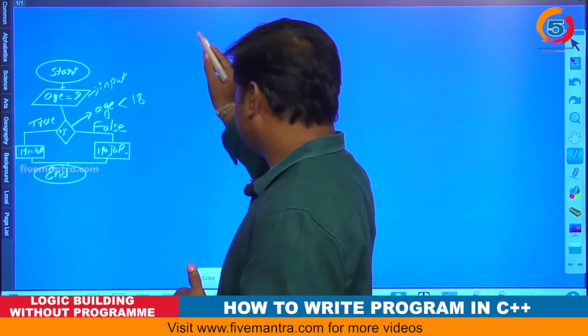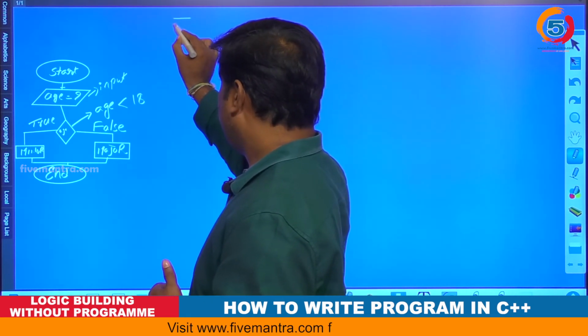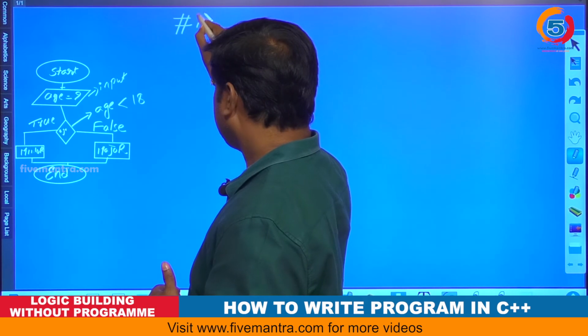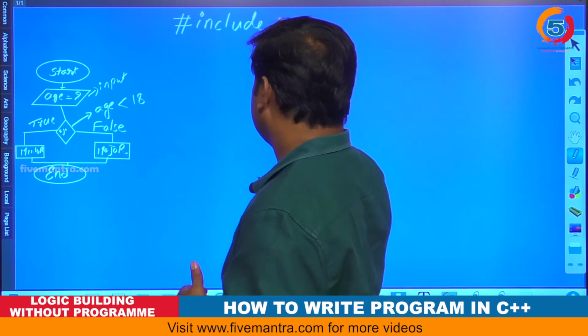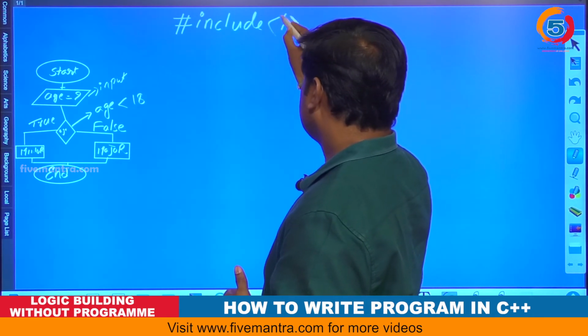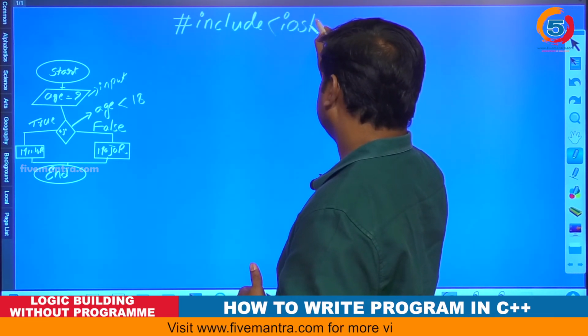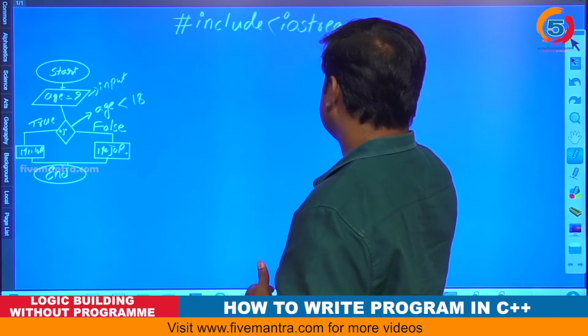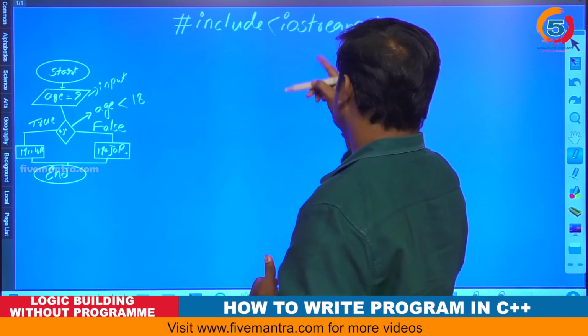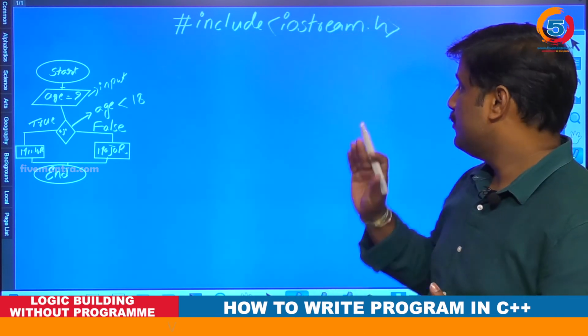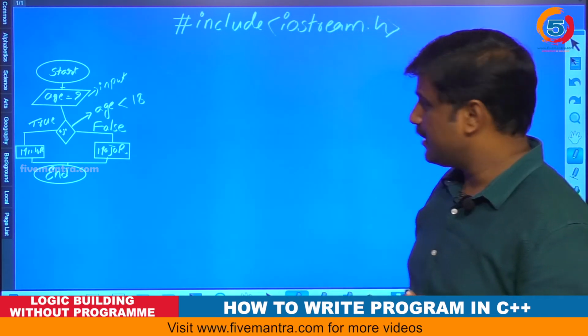Here in C++, we will write #include <iostream.h>, because everything is streams in C++. Okay, iostream.h. This is the important header file.